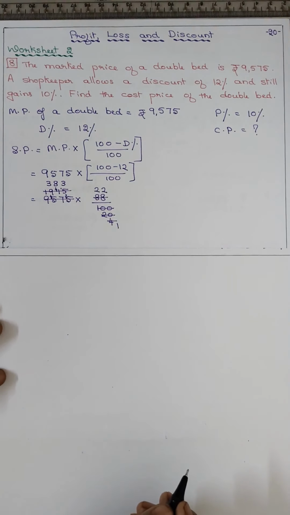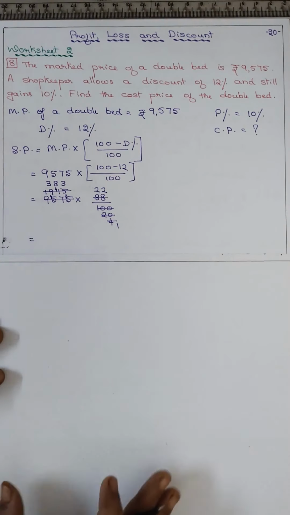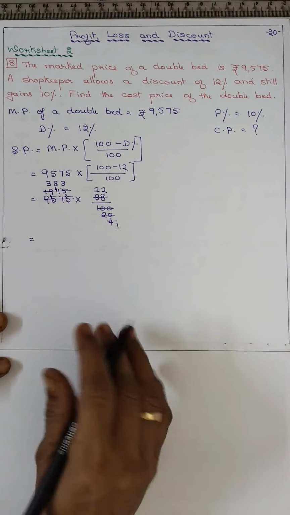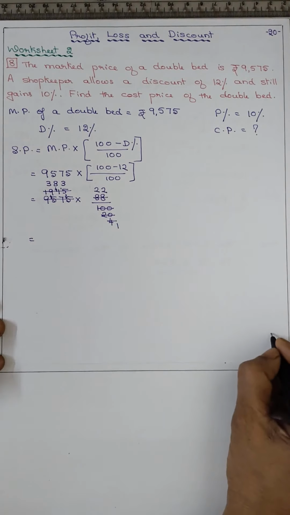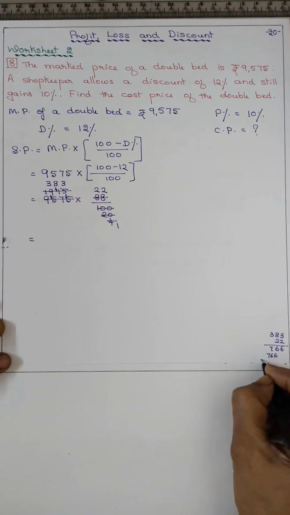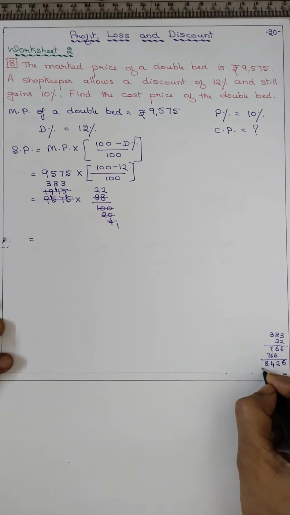Now, when you multiply 383 into 22, how much will the answer be? So, the rough work: 383 into 22. 2 3s are 6, 2 8s are 16, 2 3s are 6, 7, again 7, 6, 6, it is 12, 14, 8.